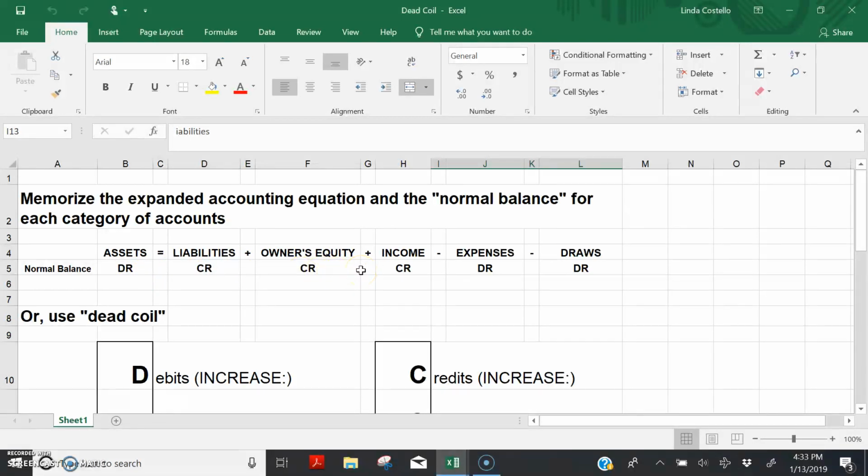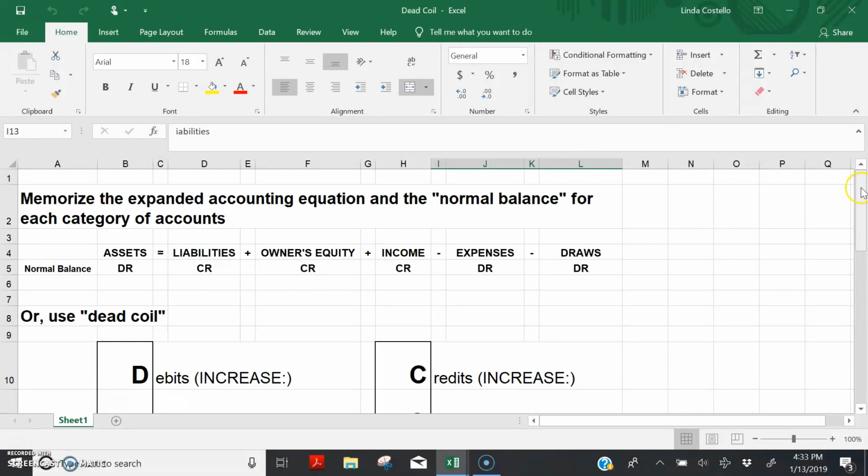However, since then, I have found a mnemonic which will help you memorize the accounts that have normal debit balances and the accounts that have normal credit balances. By the way, as shown on this page, debit has the accepted abbreviation of DR, and credit has an accepted abbreviation of CR.